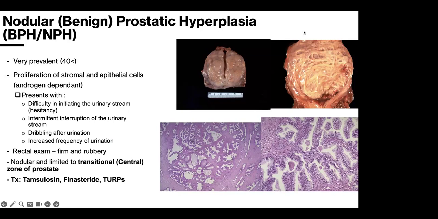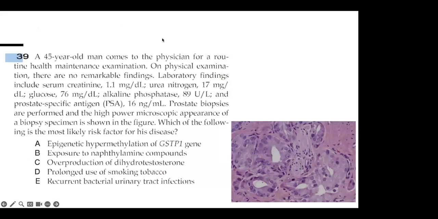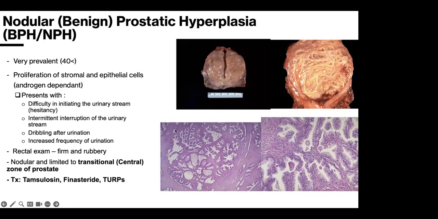It's a very pathognomonic sign of aging as a whole. It presents with difficulty in initiating the urinary stream, hesitancy, interruption of the urinary stream, dribbling after urination, and even increased frequency of urination could also be seen. And recurrent UTIs is also something that could happen with NPH or BPH.